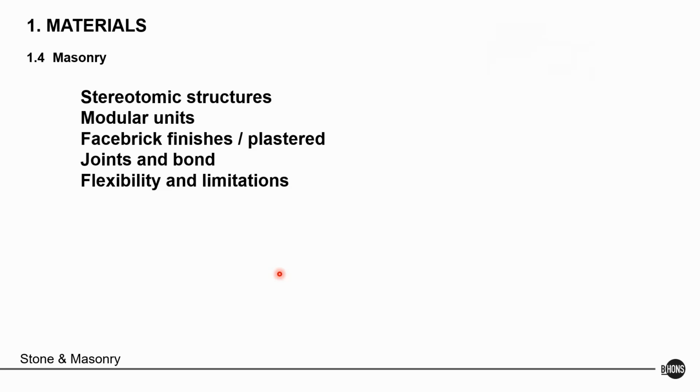So we use it with soldier bonds, for instance. That's when you put the bricks vertically, and that will be integrated with brick force, or you can even use steel reinforcing. And I know of places where we've used steel flat pieces that just fit in below to keep the brick in place. So there's quite a lot of options there that you can use.